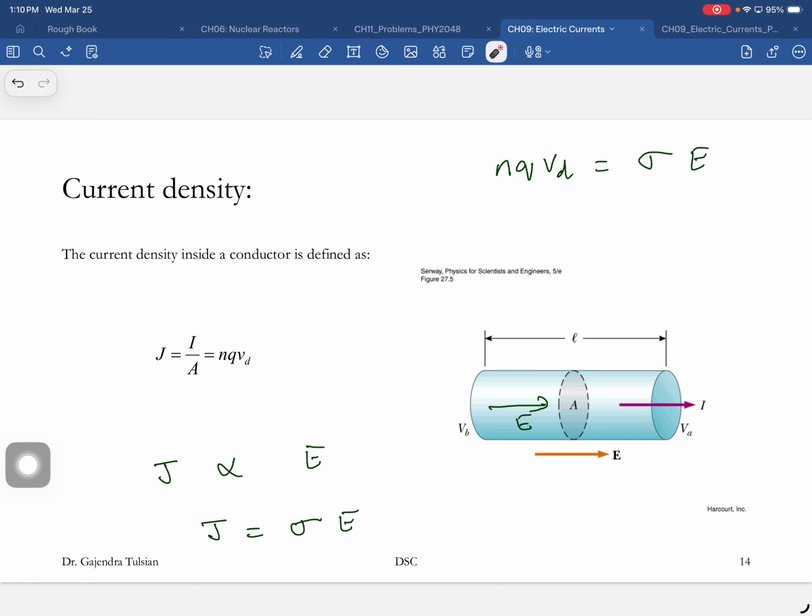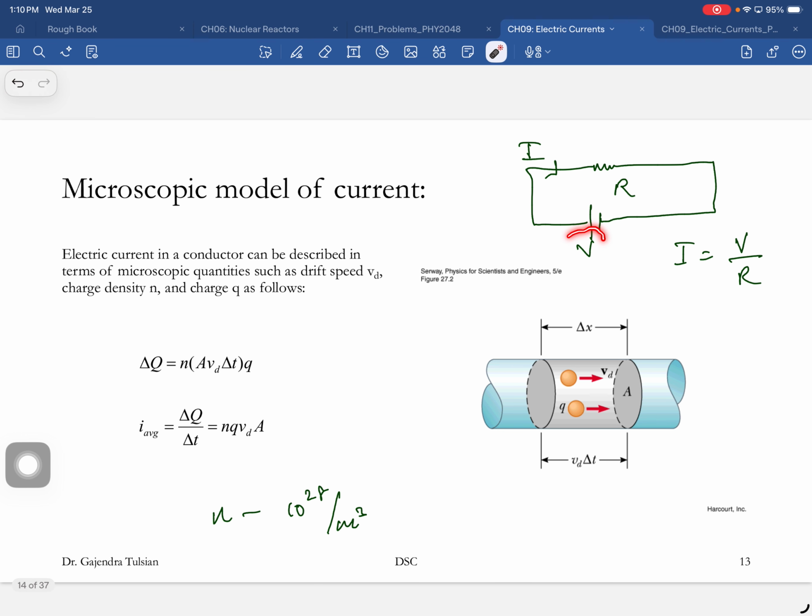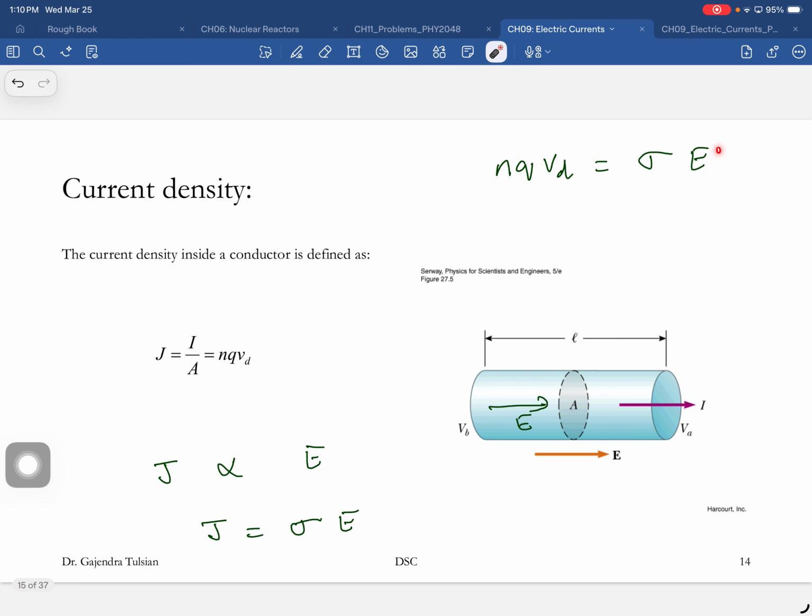Like we said, if you double the voltage, the current doubles. When you double the voltage, the electric field doubles, and the only thing that gets affected is the drift velocity. We'll go in the lab and crank up the battery.